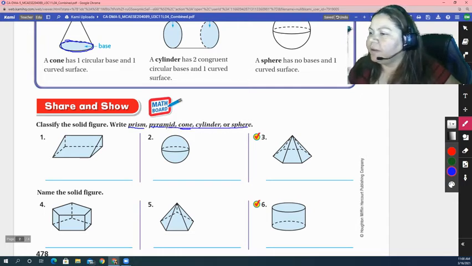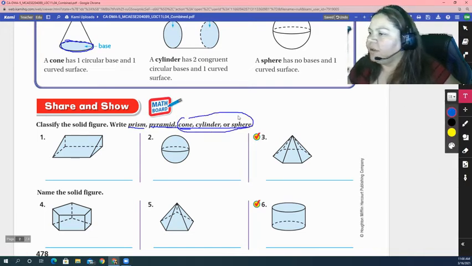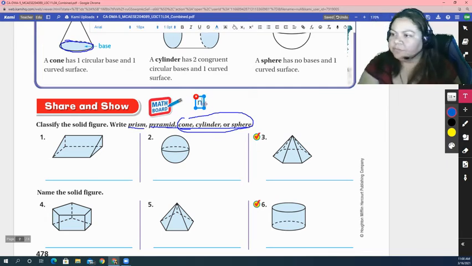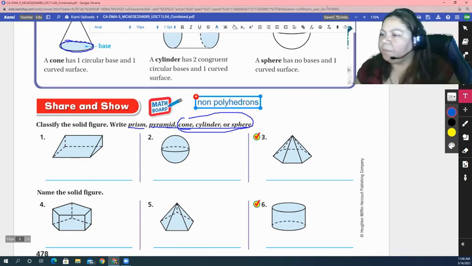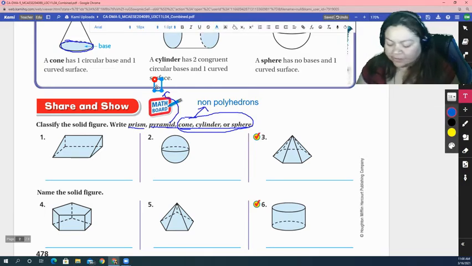So the cone, cylinder, and sphere are non-polyhedrons. Okay, so these three are non-polyhedrons. Remember that these three are the non-polyhedrons, and then the pyramid has one lateral face.